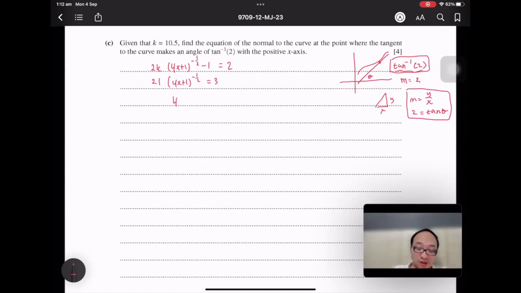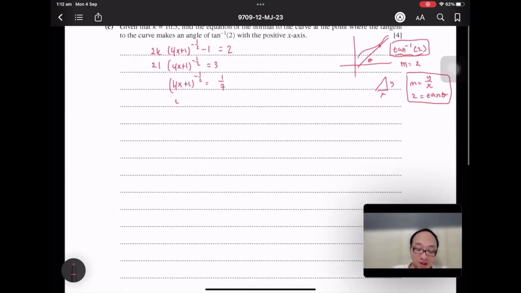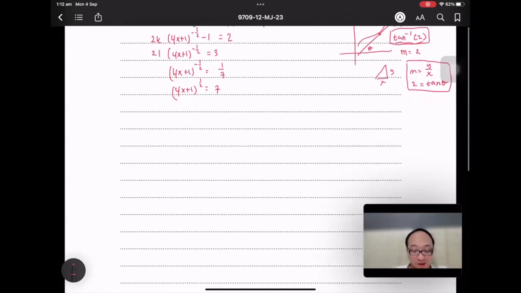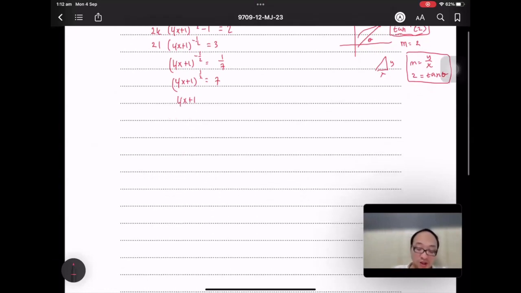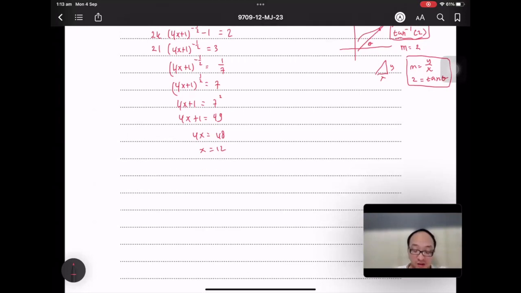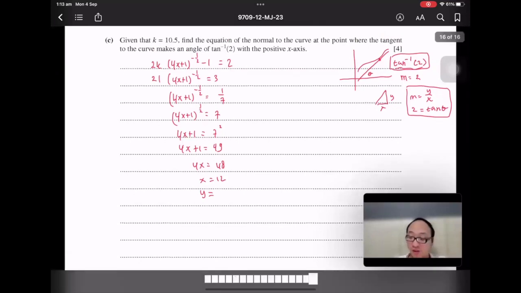So (4x plus 1) to the negative half equals 1 over 7. So (4x plus 1) to the power of half is equal to 7. That means 4x plus 1 equals 7 squared, 4x plus 1 equals 49. So 4x equals 48, x equals 12.